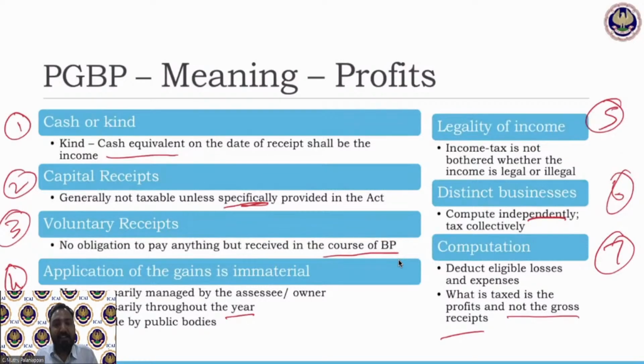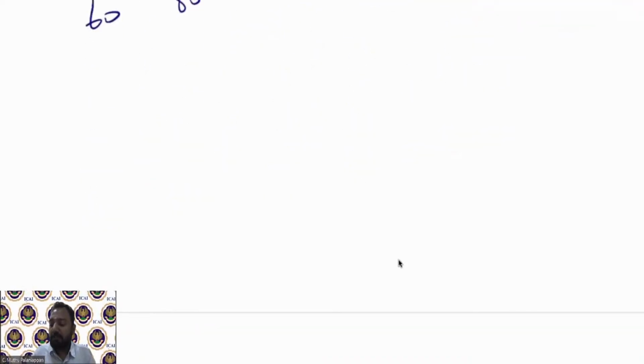Kavita, what is distinct business? Typically, let's say I am a proprietor. I am running a beauty parlor, a mobile trading company, and also a repair and service business for all home appliances. So I have three businesses.